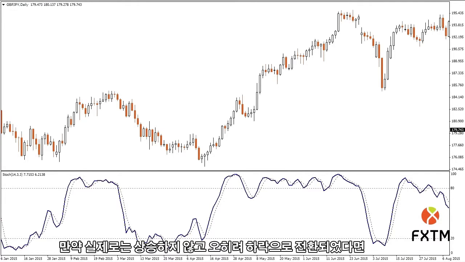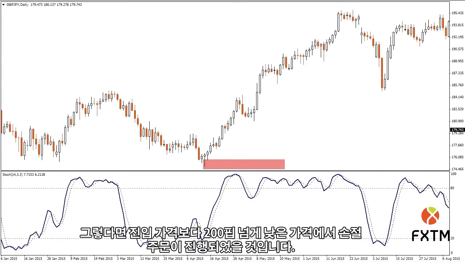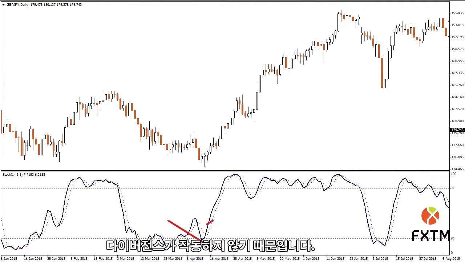Well, if the price had not risen, but instead had reversed and begun to decline, and had taken out the low of that divergence, which occurred on the 14th of April, you can see here the low price at the time was 174.866. So their stop loss would have been placed a little over 200 pips to the downside from their entry point, because the assumption is that if that second low had been taken out with a third lower low, well, that divergence is apparently not working out.